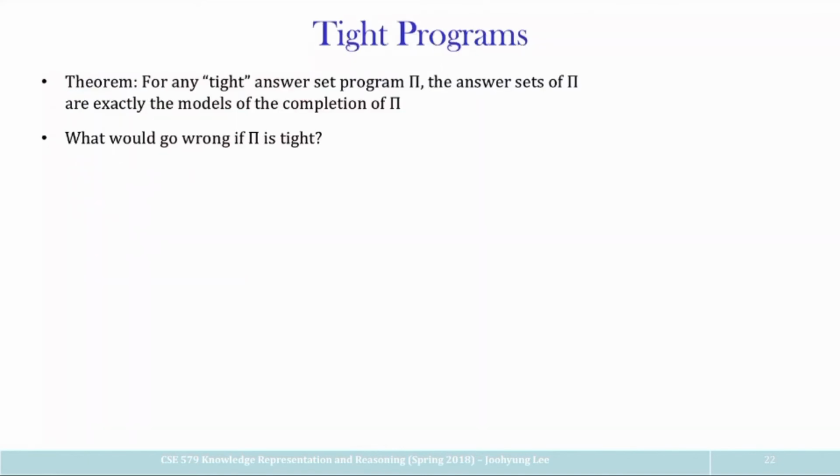Alright, so now the next question. This method doesn't work all the time. I said it works only for tight programs. So what would go wrong if this condition is not met? Since I didn't actually say what is tight, you can actually imagine. Can you find some program that this method would not work?